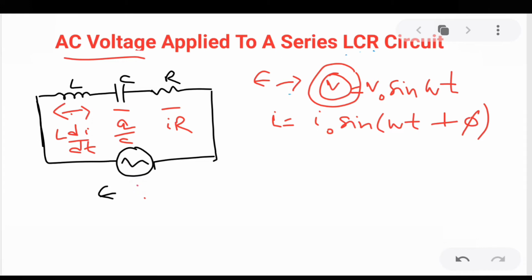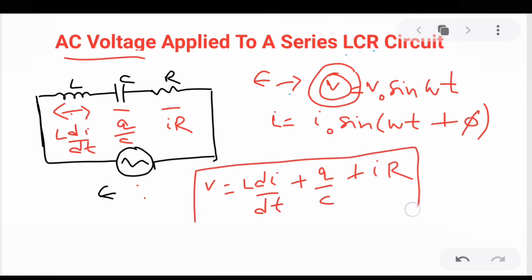So I can write V is equal to L di by dt plus Q by C plus IR. So this is the total voltage, and a part of it is dropped across the inductor, a part across the capacitor, and a part across the resistor.